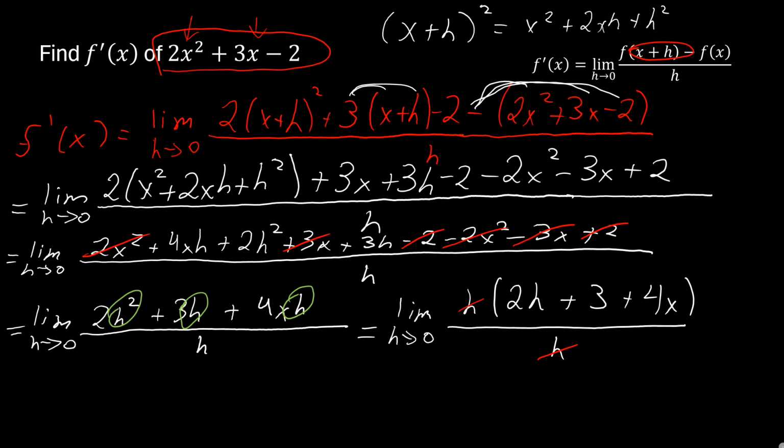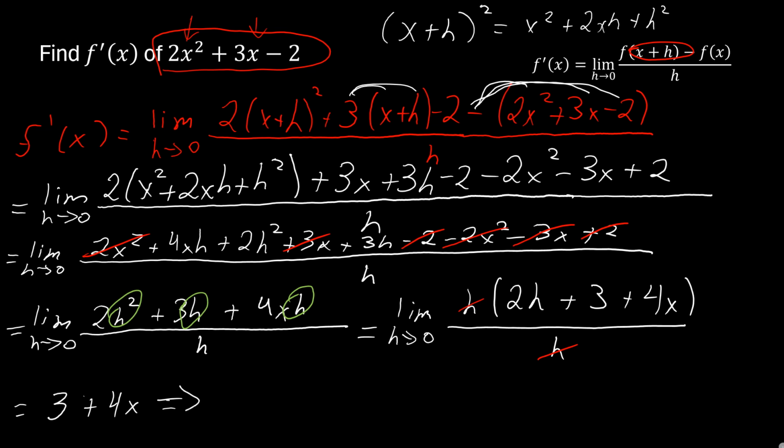Essentially we can substitute in now because the denominator won't be 0. So 2 times 0 is 0, and there's no variable next to the 3, so that's just 3, and then that's just 4x. There's no h, so plus 4x.